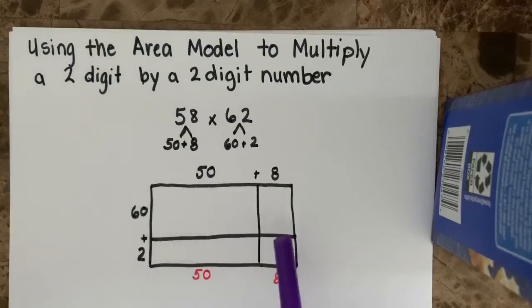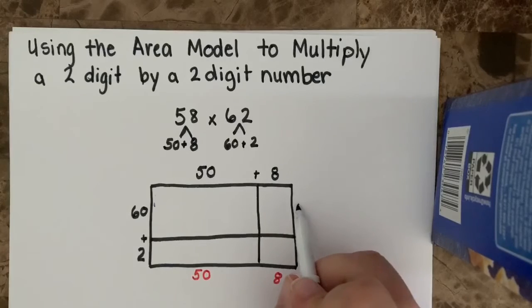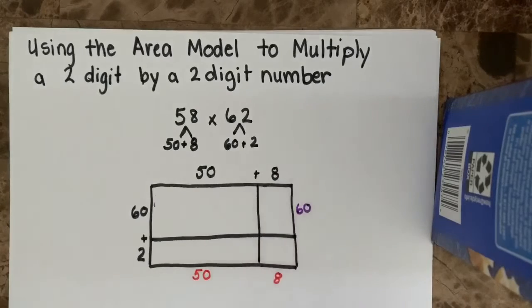And the same thing goes for this side. If this part is 60, then this part is also 60. And if this part measures 2 units, then this part over here is also going to measure 2 units. All right, so we want to keep in mind what we know about rectangles.